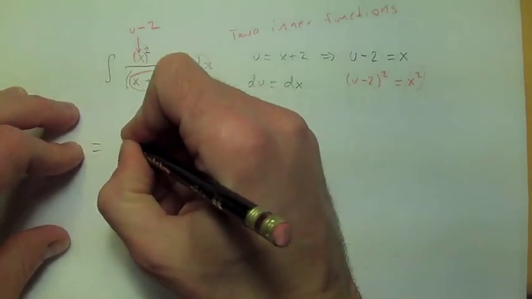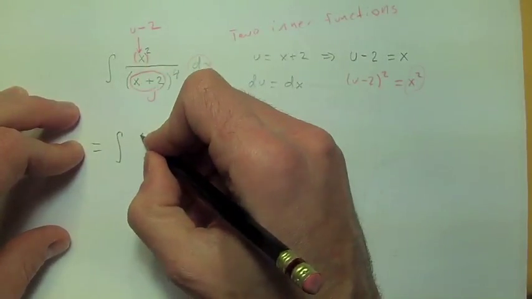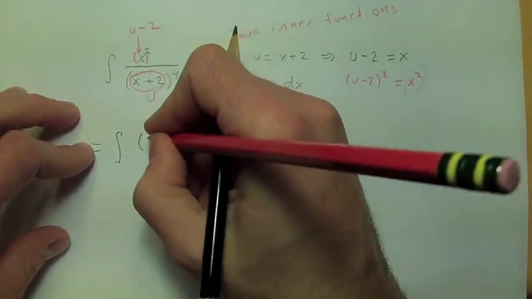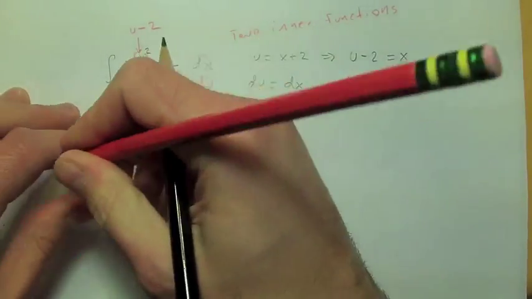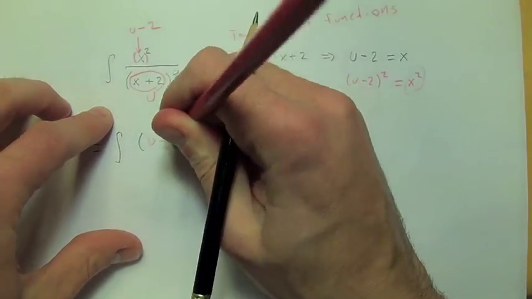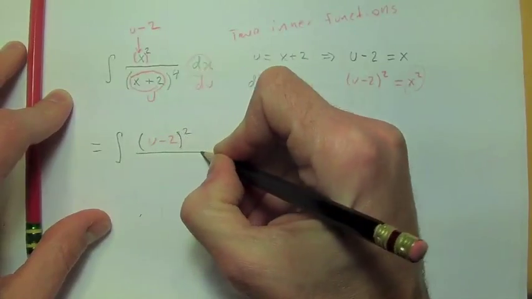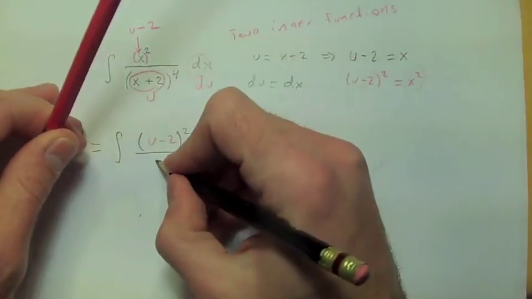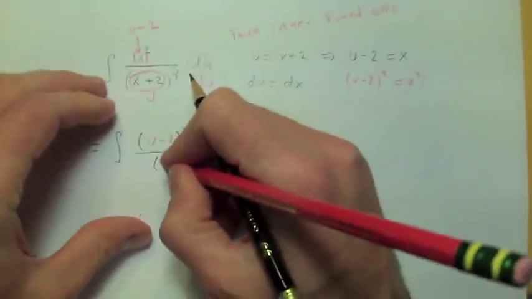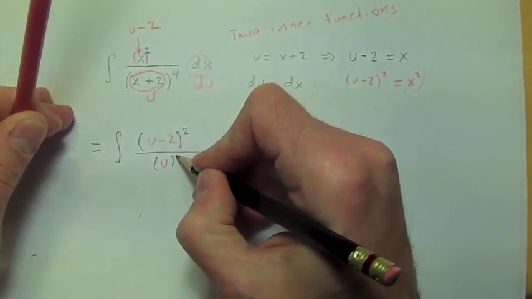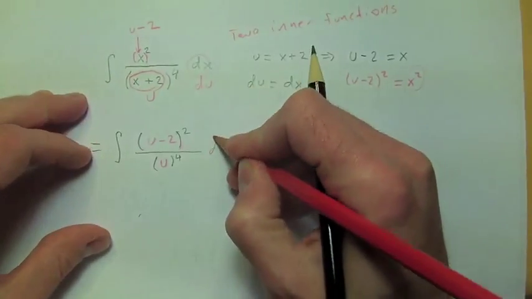So what I end up with is u minus 2 squared all over u to the 4th du.